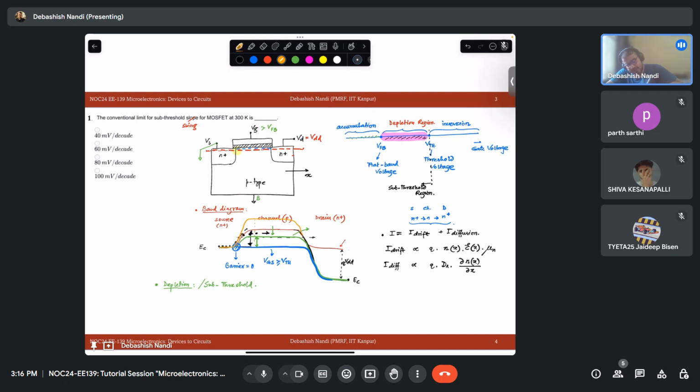This barrier will increase. Almost no electrons will pass through the channel because you have holes in this case, when your VG is less than VFB.